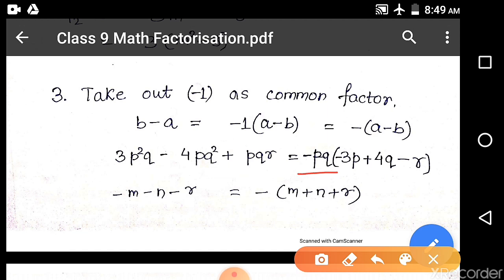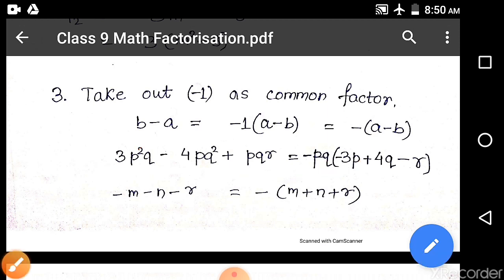So as pq is taken out, what is left in the first term? 3p is left. As minus is also taken out common, this 3p square q, which is initially plus, now after taking out minus and pq as common factors, we have minus 3p left inside the bracket.